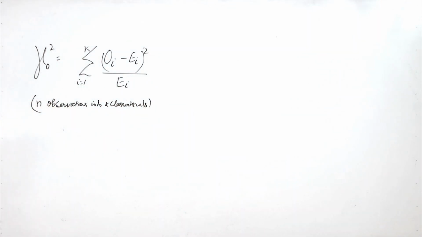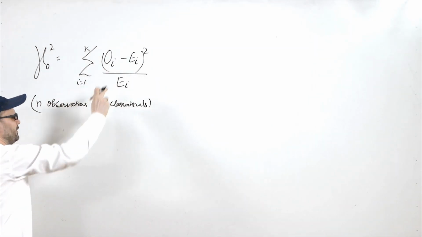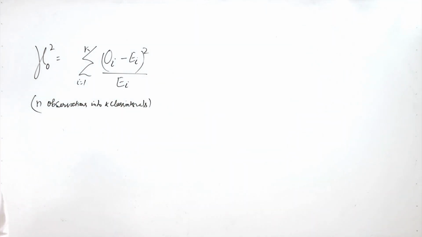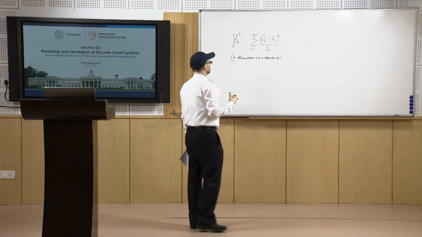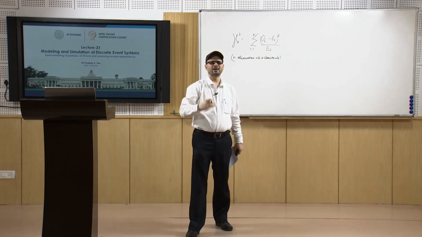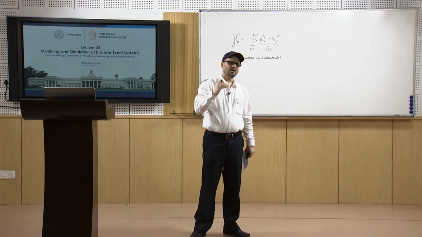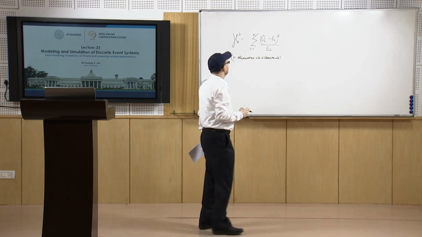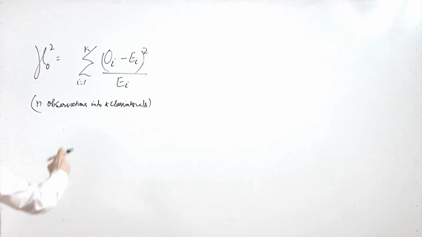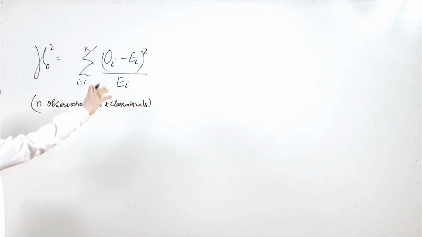You have the class intervals and you arrange the data in those intervals. This is the observed frequency Oi, and this is the expected frequency Ei if you are going to fit a uniform distribution. Then you divide by Ei and take the summation of that.